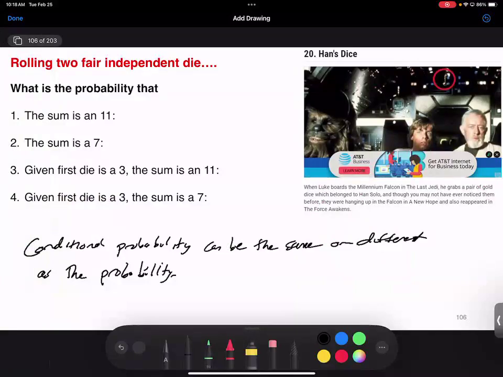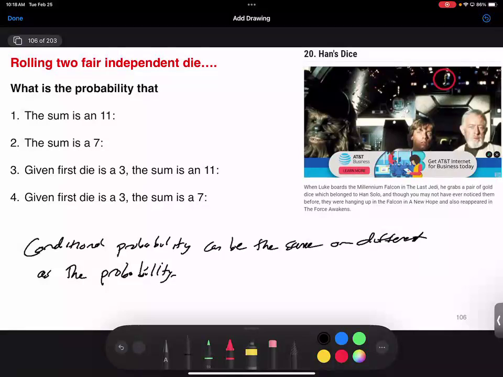So let's talk a little bit about some probabilities. I want to roll 2 fair die. I'm going to assume everybody knows the standard die. We're not going to do Dungeons and Dragons die right now. 6 sides, with the numbers 1, 2, 3, 4, 5, 6. And we will assume each side shows on the top 1/6 of the time.